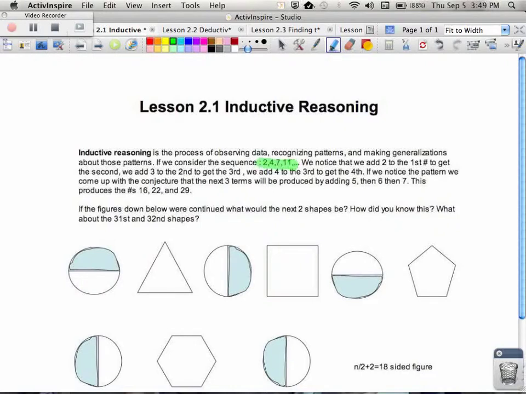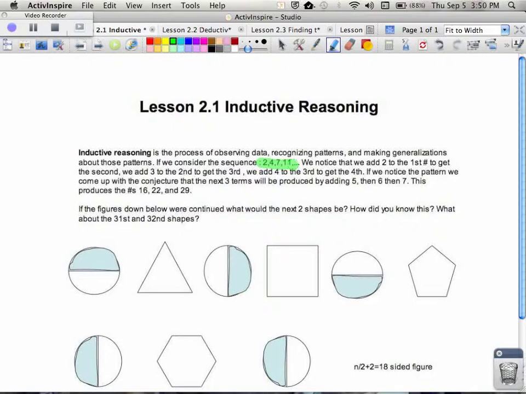We notice that we're adding 2 the first time, and then 3 the next time, and then 4 the next time, and so on and so forth. And we come up with a conjecture that the next 3 terms will be produced by adding 5, and then 6, and then 7, which are the numbers 16, 22, and 29.